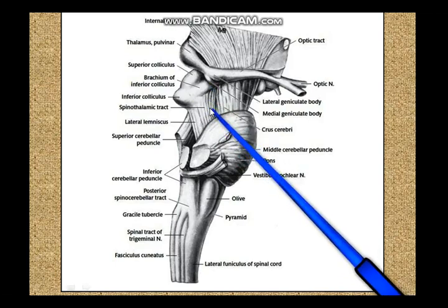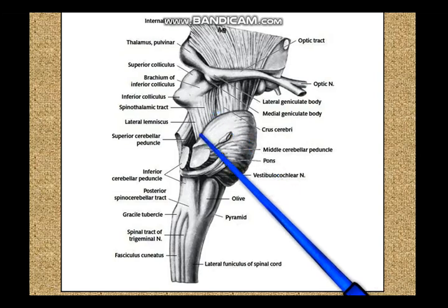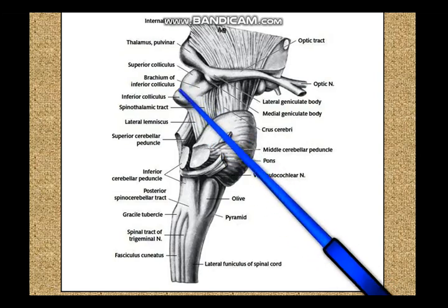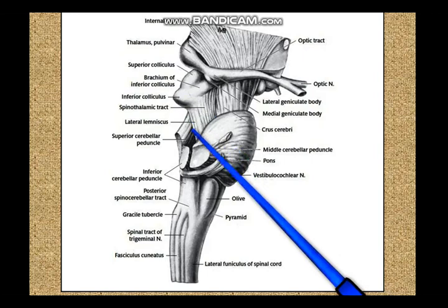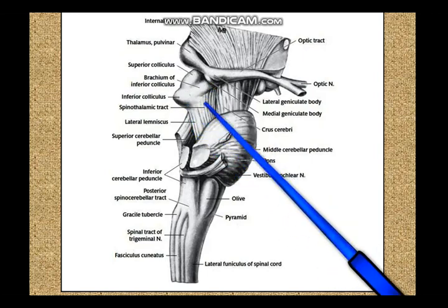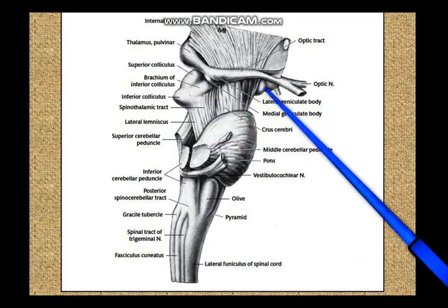You know the lemniscal pathway is important. Medial, trigeminal, spinal, lateral, all these lemniscal pathways are very important, of which the lateral lemniscus carries the auditory fibers and ends in the inferior colliculus. The spinothalamic tract goes up into the thalamus.